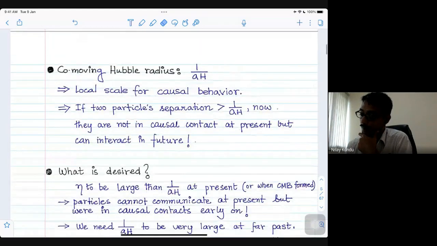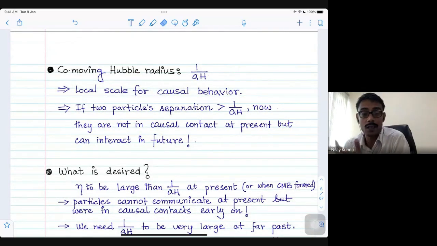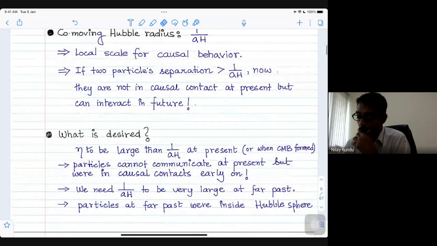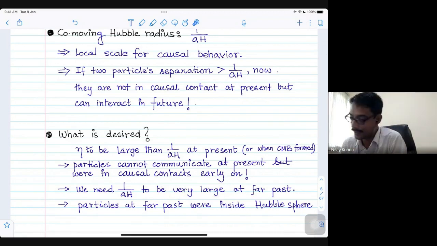But this is a local scale, meaning something is not in causal contact today, but tomorrow they can be in causal contact. So what we want is that this 1 over H, which is this co-moving Hubble radius, to be very large at far past. So let me explain this.